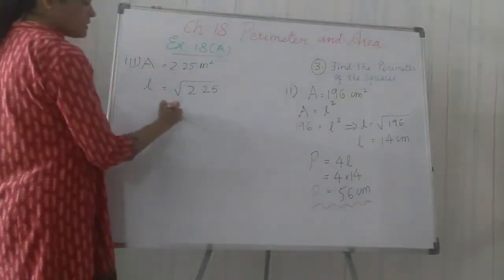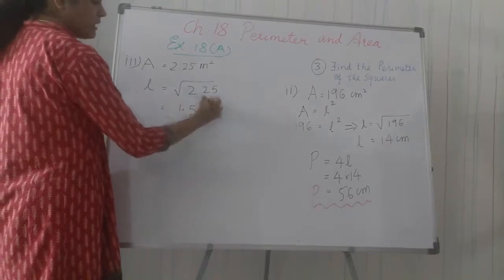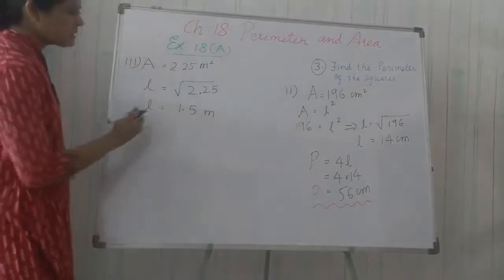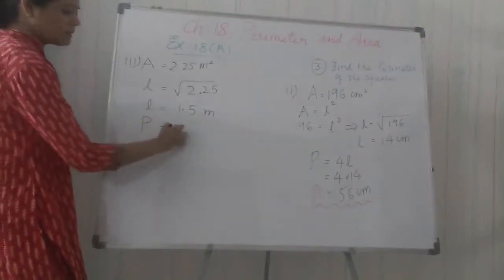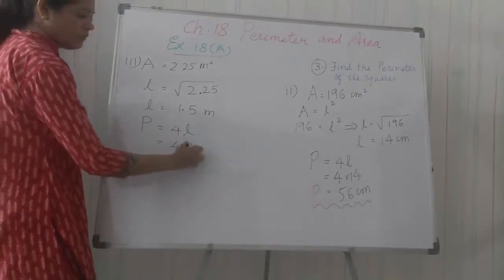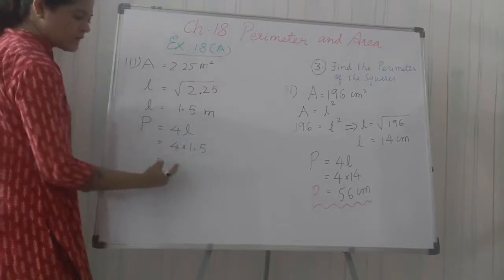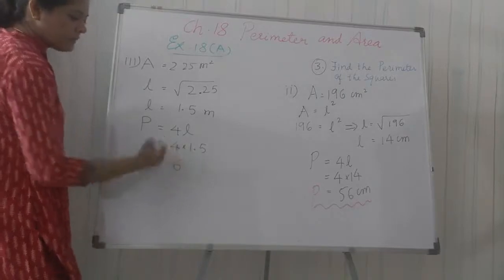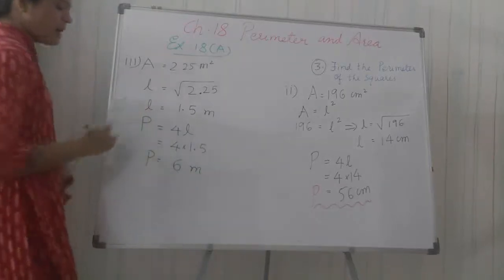So 2.25 means 1.5 meter is the length of the square. Right, students? Now we want to find the perimeter. It means P is equal to 4L. So 4 multiplying 1.5: 4 fives are 20, and we put the decimal place. So I get 6 meters as my answer for the perimeter.